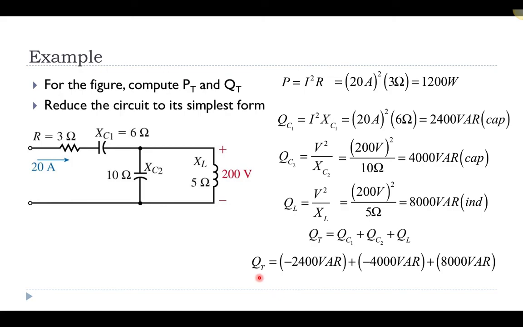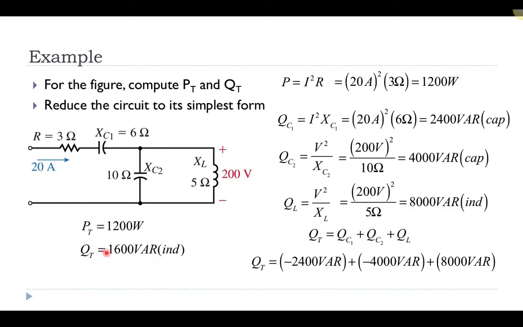So the total reactive power is negative 2,400 VAR, plus a negative 4,000 VAR, plus positive 8,000 VAR. And so I end up with, when I add all these together, I get 1,600 VAR.